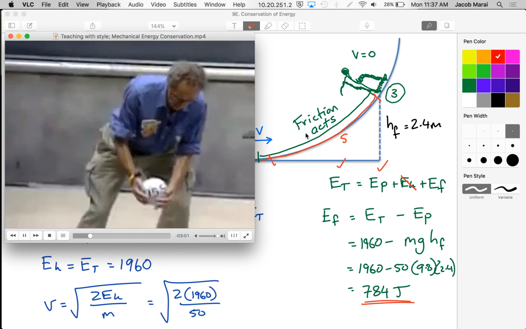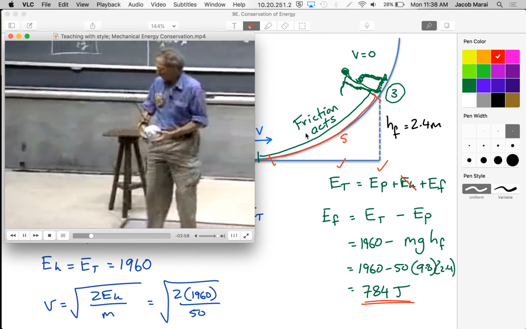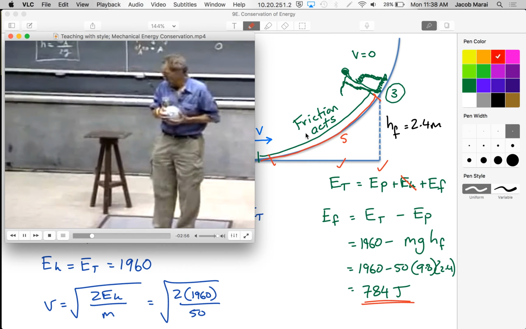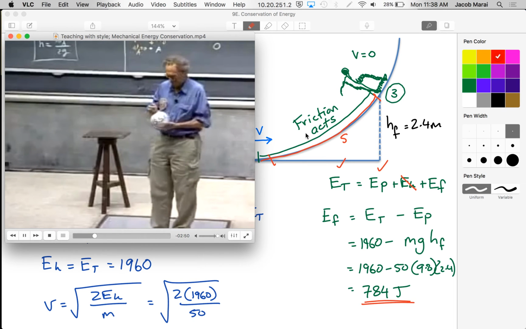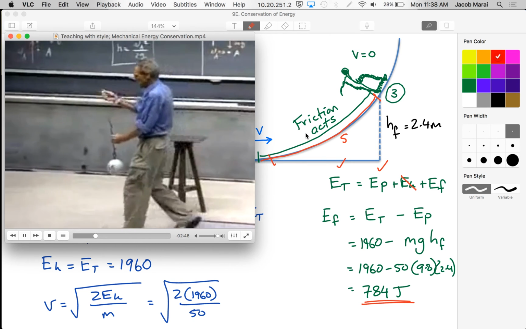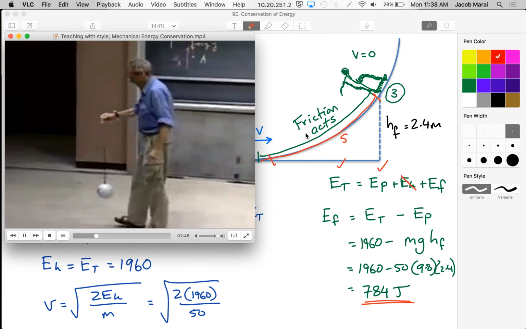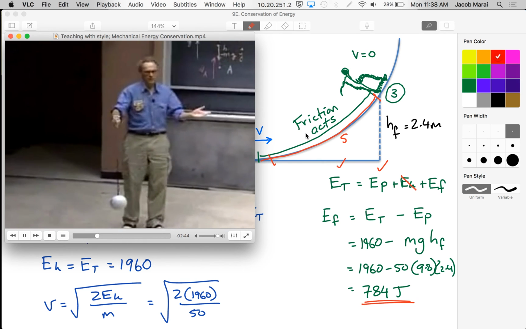If I would let it swing from 1 meter height, then you would be there and it would hit you, you'd be dead. 150 joules is enough to kill you. They use these devices, called a wrecker ball, to demolish buildings.